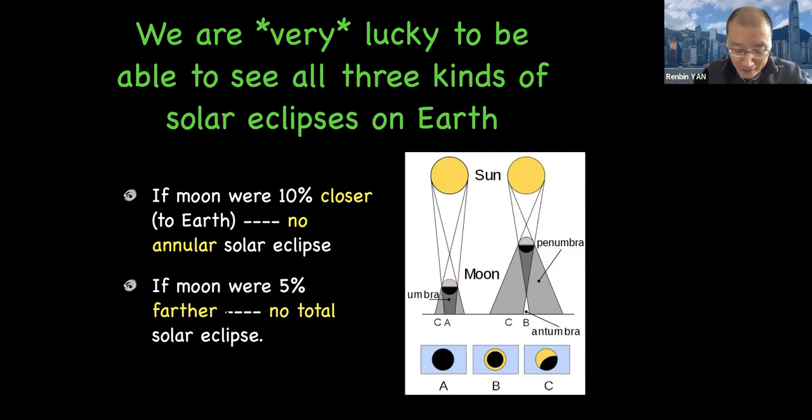As a matter of fact, the moon is gradually moving away from the Earth because of tidal forces. Remember that I told you last time that the moon's rotation around its own axis and its orbital motion around the Earth are perfectly synced up, and that is due to the tidal force of the Earth acting on the moon.